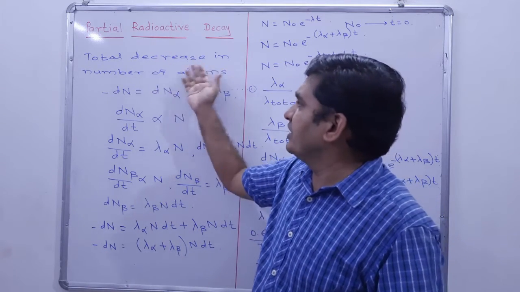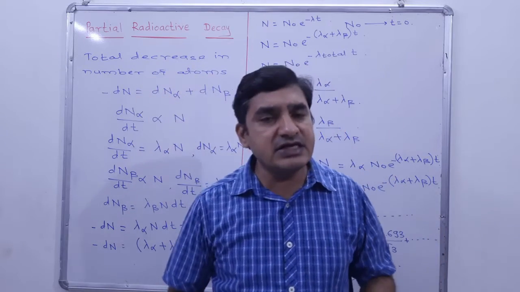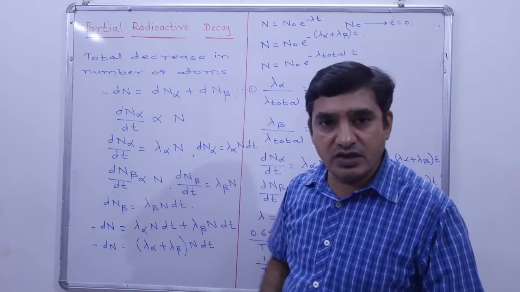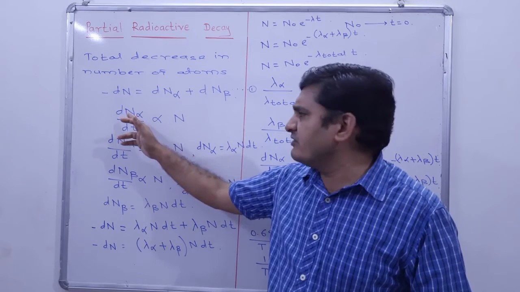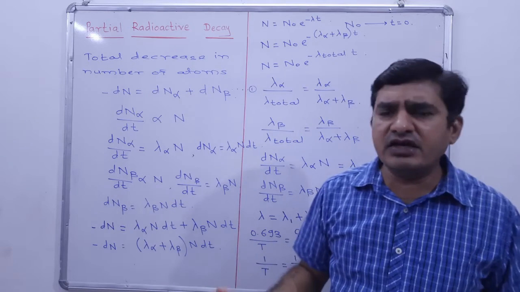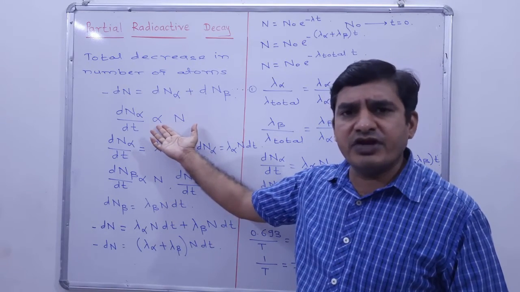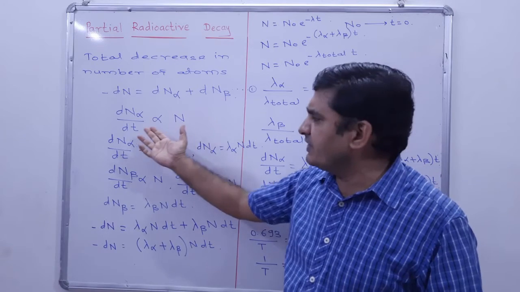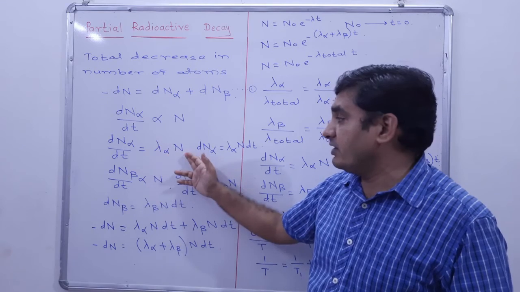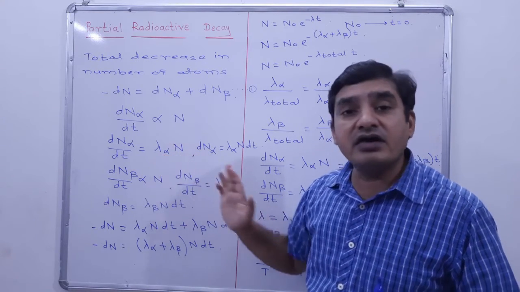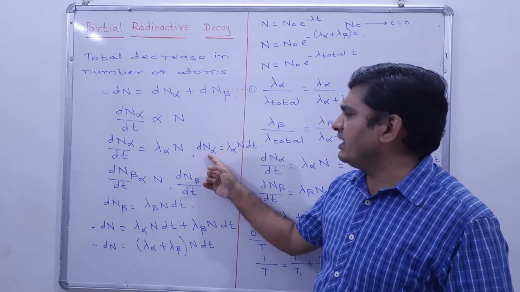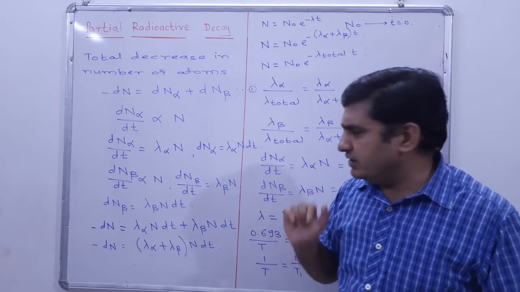Therefore the total decrease in the number of atoms can be written as minus dN is equal to dN alpha plus dN beta. Here the rate of disintegration of alpha particles is directly proportional to the number of radioactive nuclei present at that instant, and therefore dN alpha divided by dt is equal to lambda alpha into N, where lambda alpha represents the decay constant for alpha particles. So dN alpha is equal to lambda alpha into N into dt.